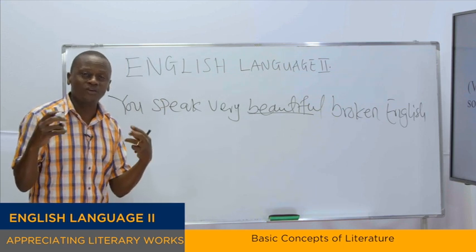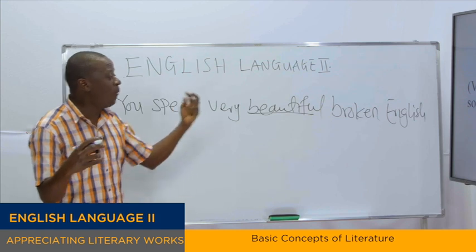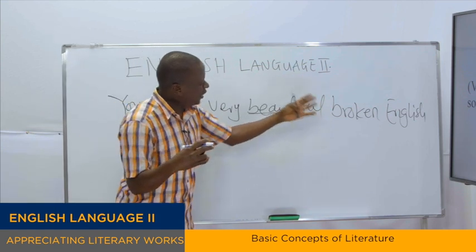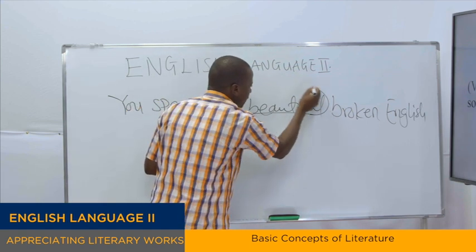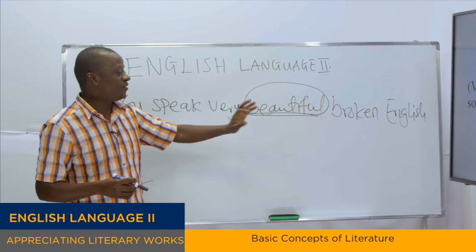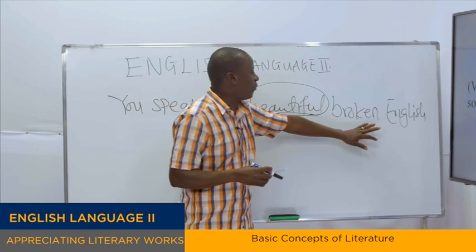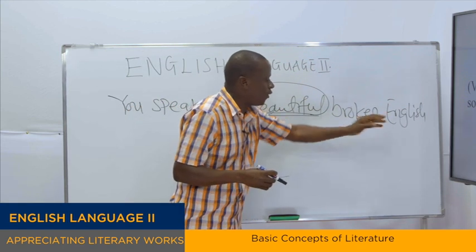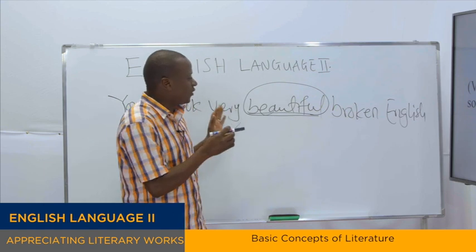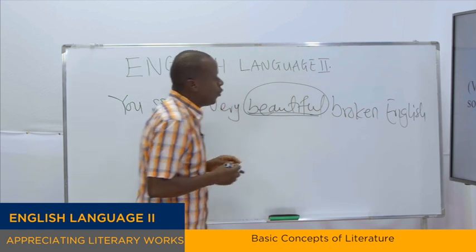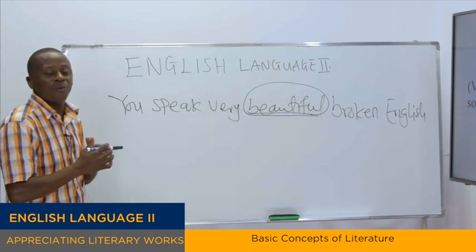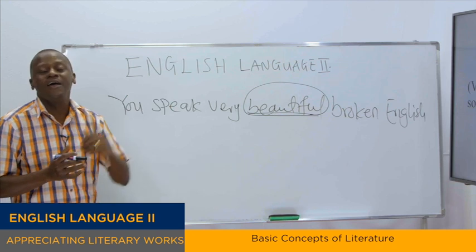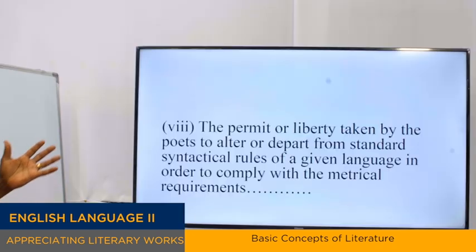But the way you're trying to show how broken his or her English is, you use this adjective like beautiful, that his English doesn't sound well or is grammatically wrong. He doesn't speak English which abides by the rules and principles which govern that given language. So that is satire.